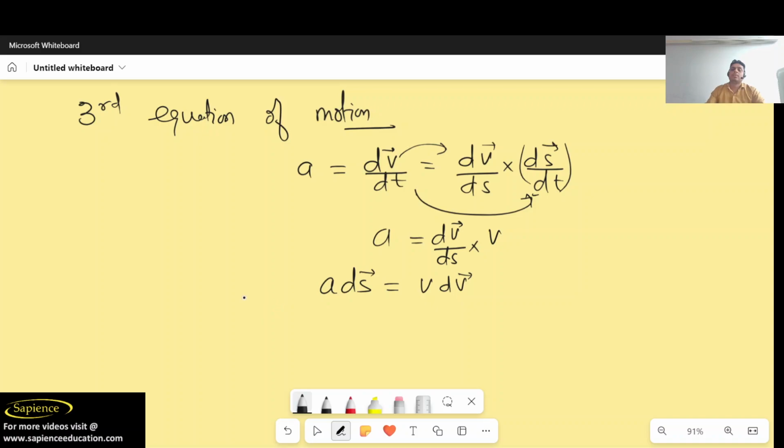Now integrate both the sides with limit. By putting a limit, we can integrate both the sides.